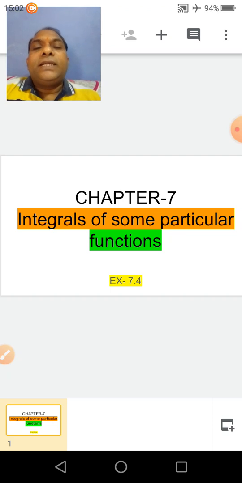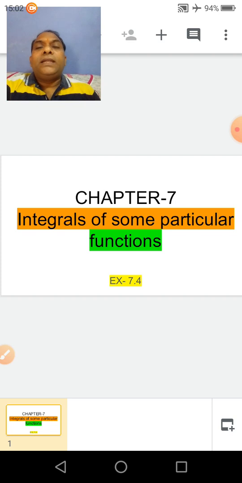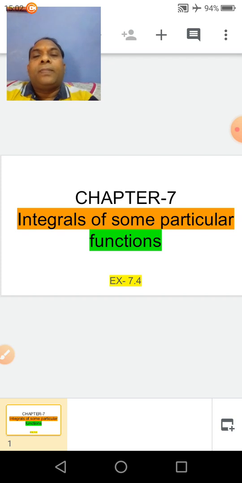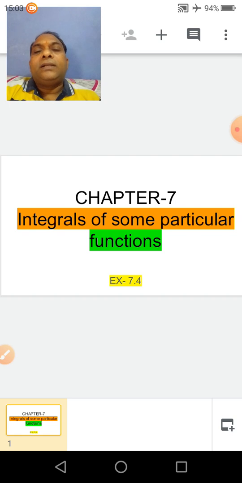In case of integration, we have to convert the given question in integrable form. Integrable form means which can be integrated. To convert in integrable form, we can use partial fractions and we can complete the square and then we can use the formula.